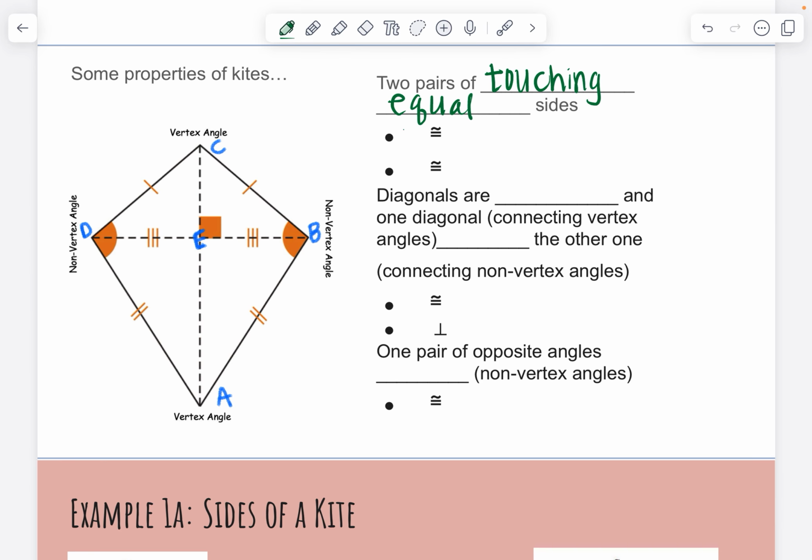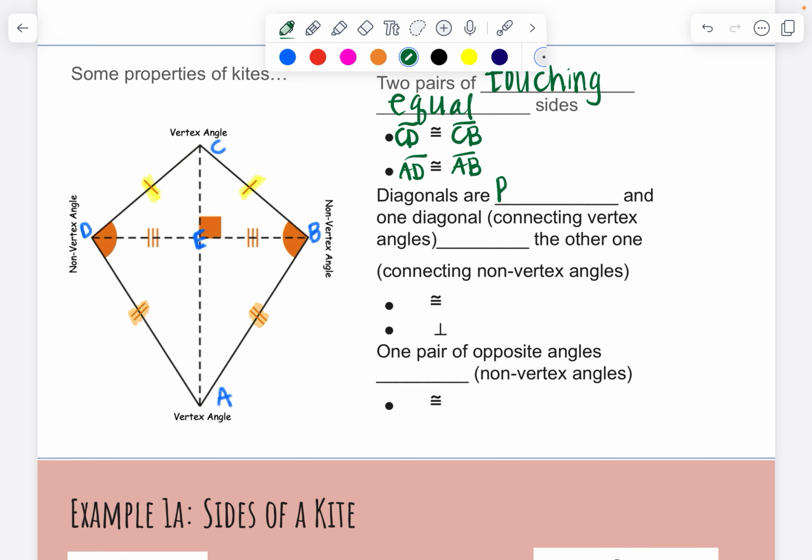So here, I know CD is congruent to CB, and I know AD is congruent to AB. I know that by looking at my picture because they have the same amount of tick marks. Here, they each have one tick mark, that means that they're equal. Here, they each have two tick marks, so that means that those two are the same thing.